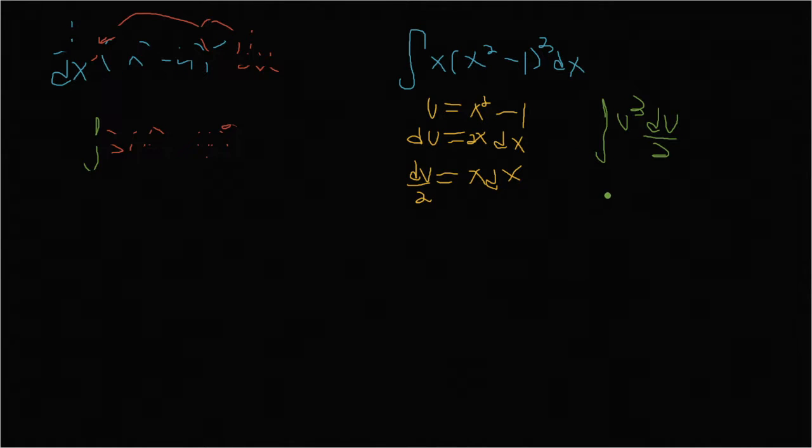And so we can just say this is the integral of u cubed, bring the 1/2, and then du. And we can now use our power rule for integration and say u cubed, add 1 to the exponent, so that's u to the 4th, and then divide by that, so that's 4, and then plus c, and then 1/2.